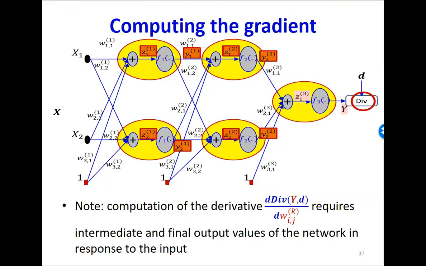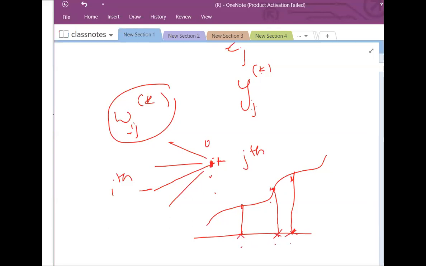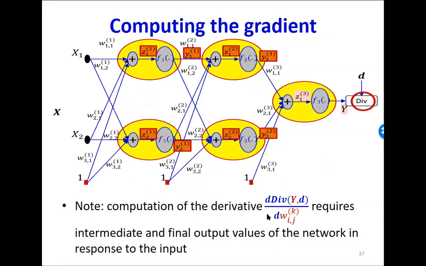Now, remember that the derivative of a function really depended on where you are on the function. The derivative could be very different at different points. So you need to know where you are in order to compute the derivative. And where you are in the case of the network is specified by all the intermediate variables in the network.